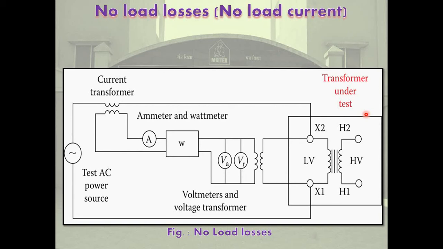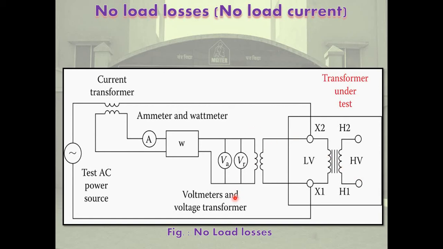If under no load condition, the transformer takes no load current. No load current is less than 4% of full load current. Hence, I square R loss or you can say copper loss is negligible under no load condition.